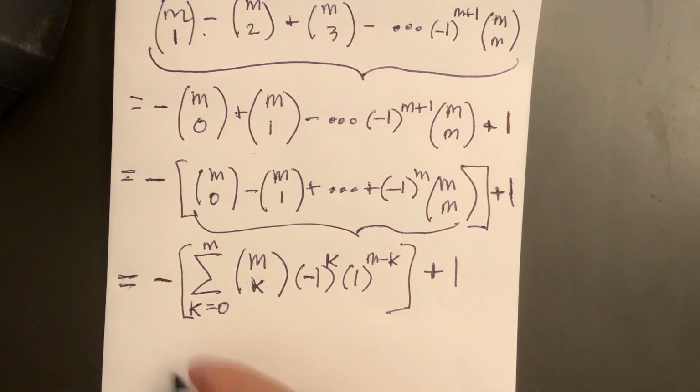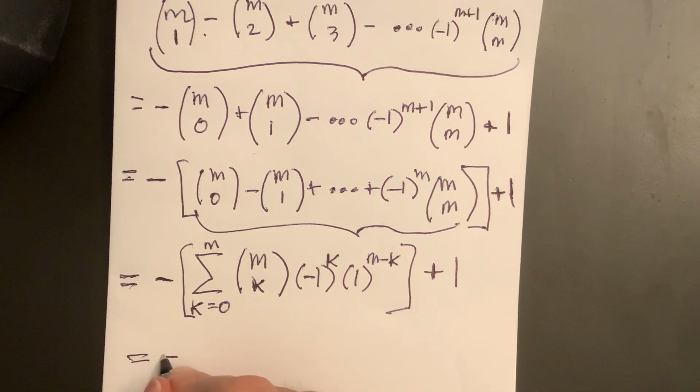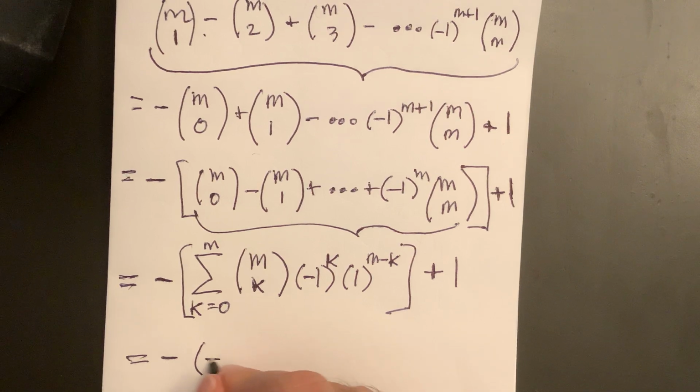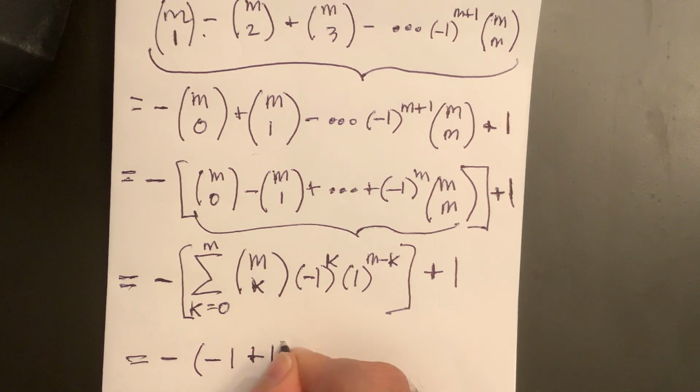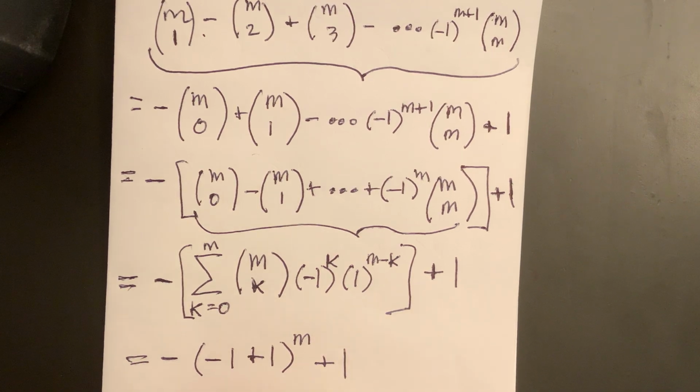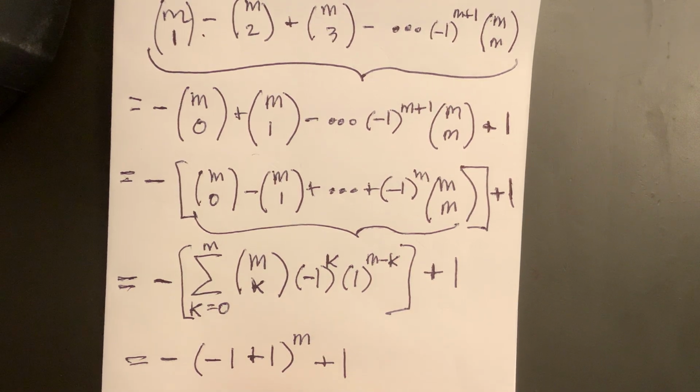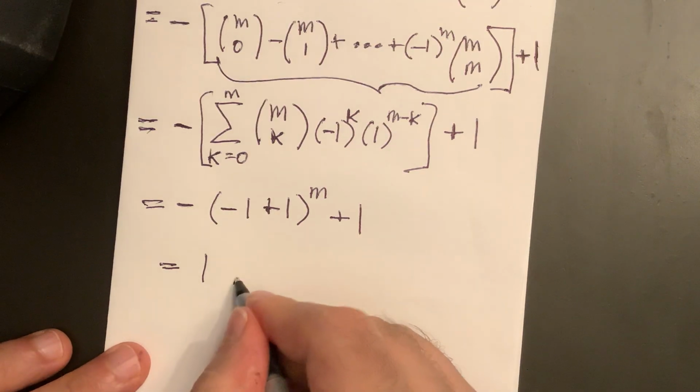All right, but what does the binomial theorem say? This is equal to minus 1 plus 1 to the M plus 1, which is just equal to 1, right? 0 plus 1. Okay, so that's the proof.